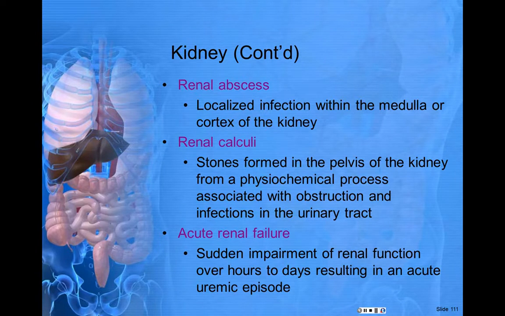Then we have acute renal failure, which is a sudden impairment of renal function over hours to days, resulting in an acute uremic episode. The kidneys basically stop functioning because of an insult. Oftentimes it has to do with severe infection or some sort of other event in the hospital.